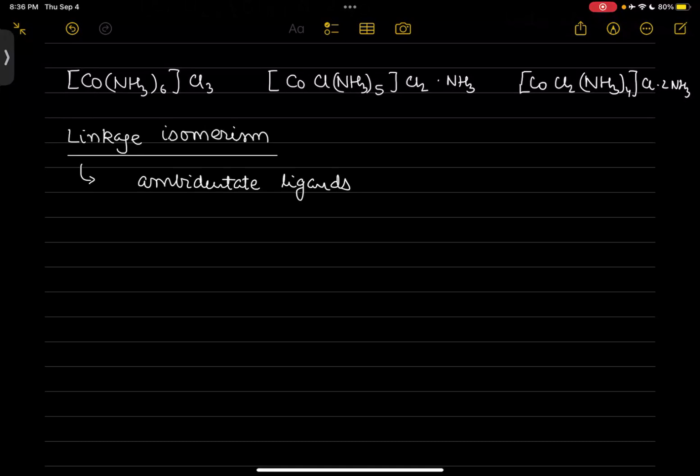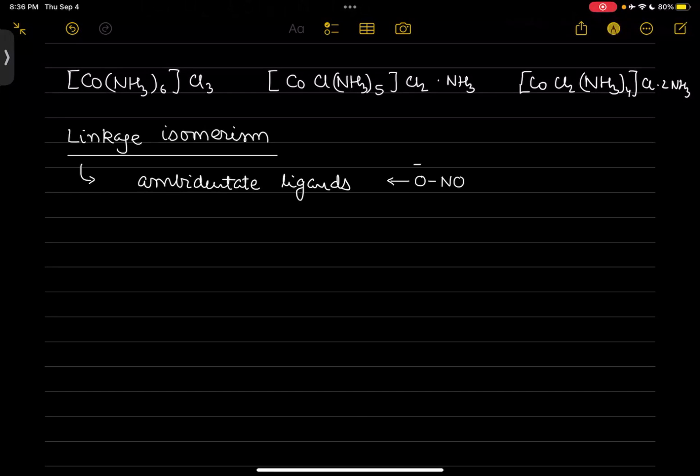Right, Marwa? Examples of ambidentate, and we have seen in alkyl aryl halide also ambidentate nucleophiles: CN or NC, NO2 or ONO. Normally, you represent it in this way.